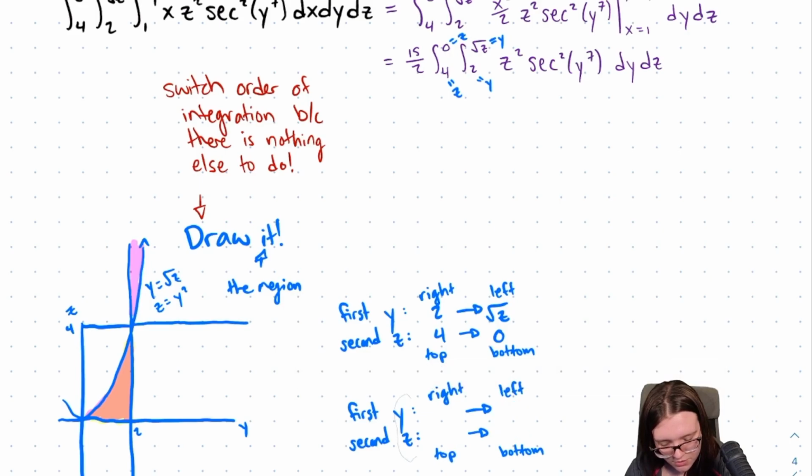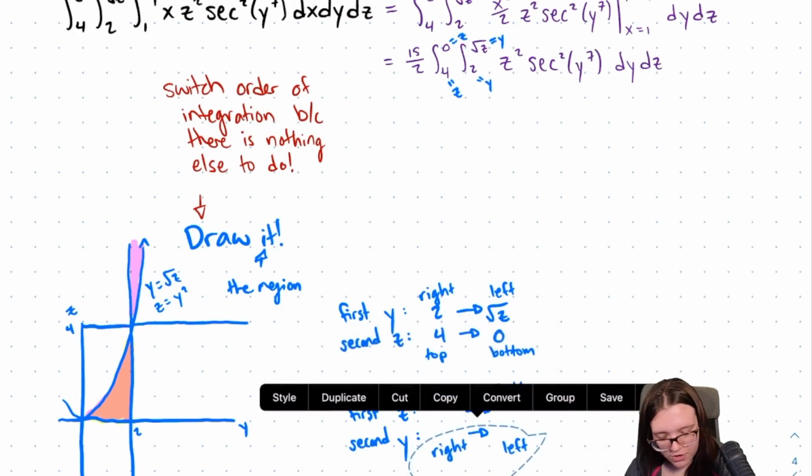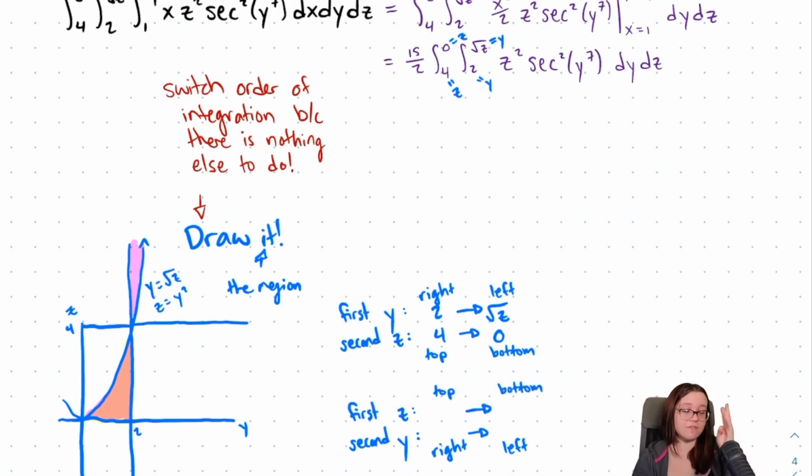But we know we're going from z first, then y. And we know that y goes right to left and that z goes top to bottom. So we're just switching the order of y and z. We're not switching any of the directions, left to right, top to bottom, the ones that are across the arrows.